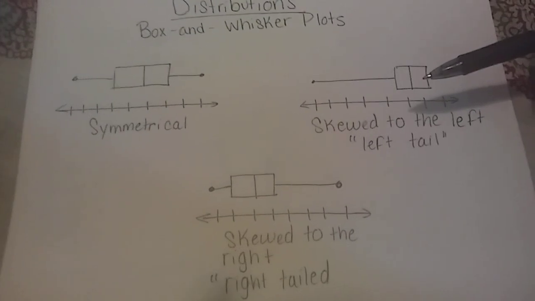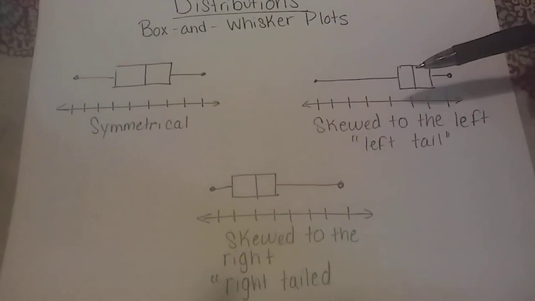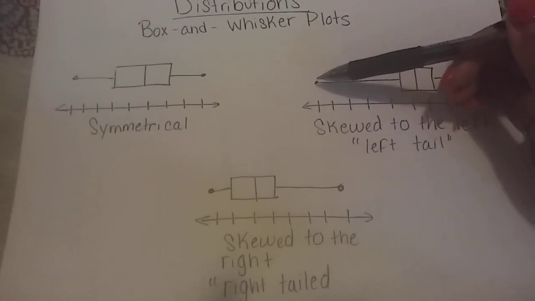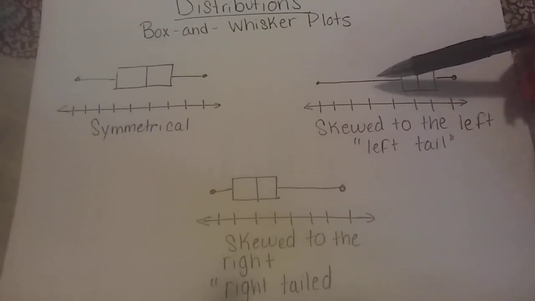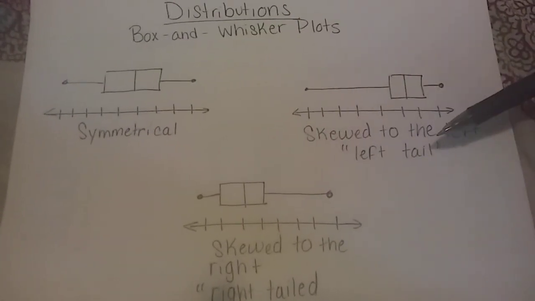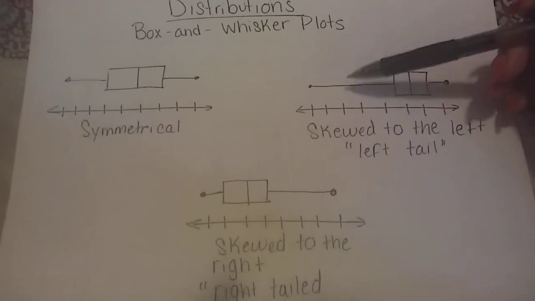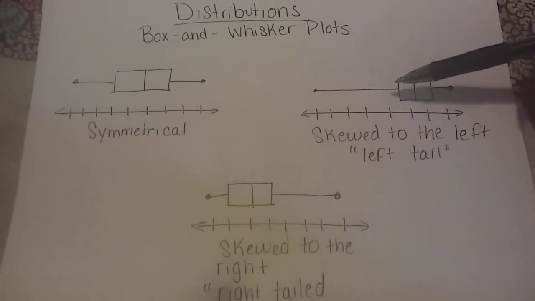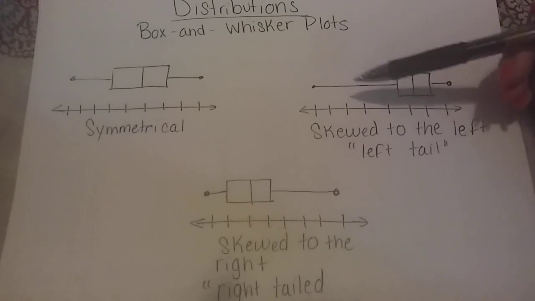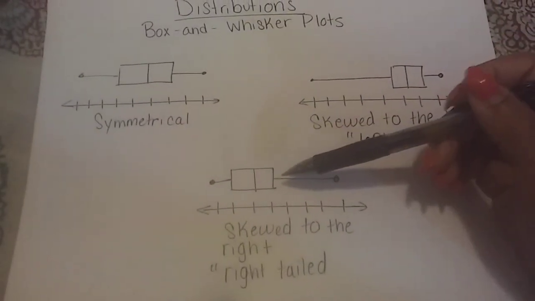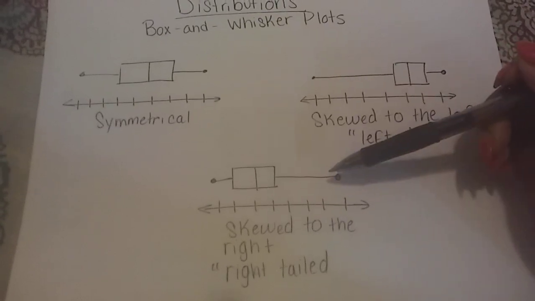If you see a box plot where the whisker on the left-hand side looks like it has a long tail to the left, that is called skewed to the left, or a left tail skew. So if the longer whisker is on the left side, that is skewed to the left. If the longer whisker is on the right side, then that is skewed to the right. Okay?